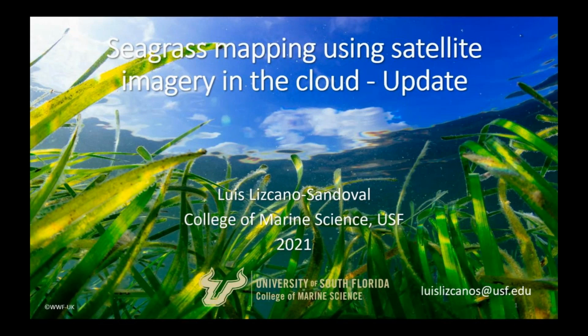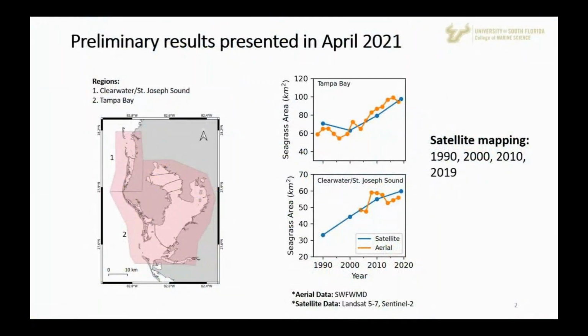I'm going to present real quick the seagrass mapping update from my research. These are some of the results that I presented back in April. I basically mapped 2 regions, which were Clearwater and St. Joseph Sound as a single region, and Tampa Bay.